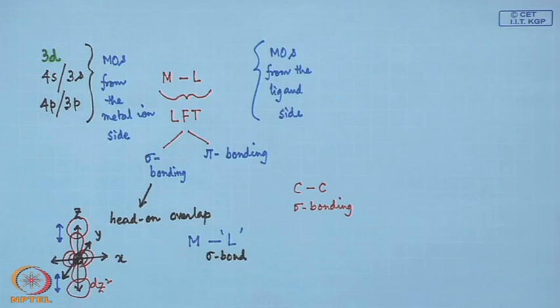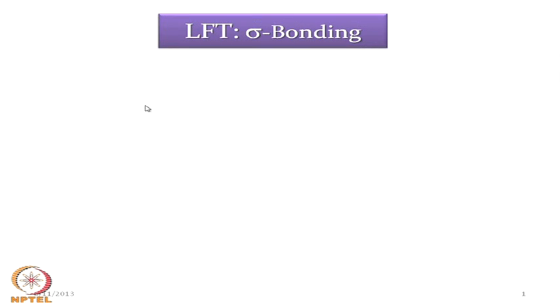What we are getting in the ligand field theory corresponding to the typical sigma bonding interactions between the metal orbitals and the ligand orbitals, which are on a particular Cartesian axis, is head-on overlap between the metal orbital and the ligand orbital, and that also depends on the number of electrons available in the bonding orbitals, from the metal side and from the ligand side.